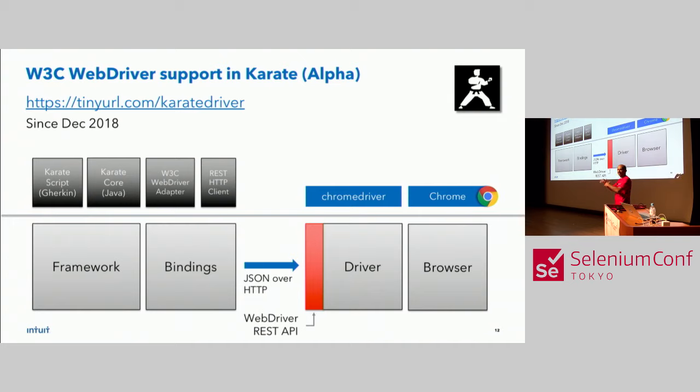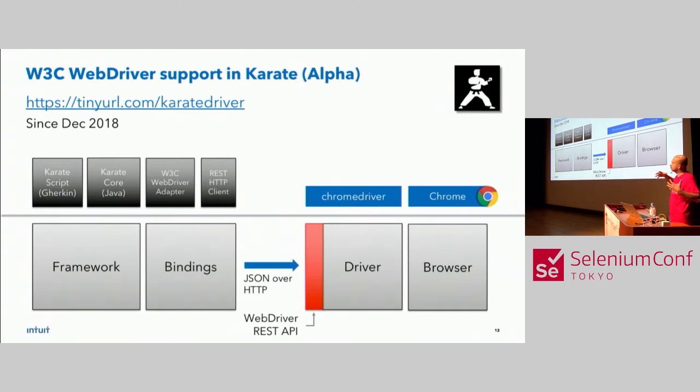It's very good at making REST requests. And guess what the W3C specification is? It's a bunch of REST endpoints. So I implemented the adapter, or the stuff that's able to now talk and understand the protocol.